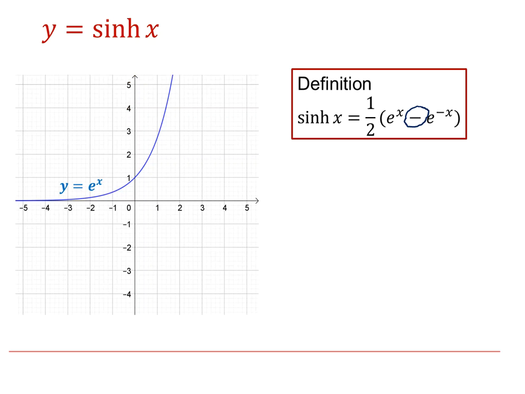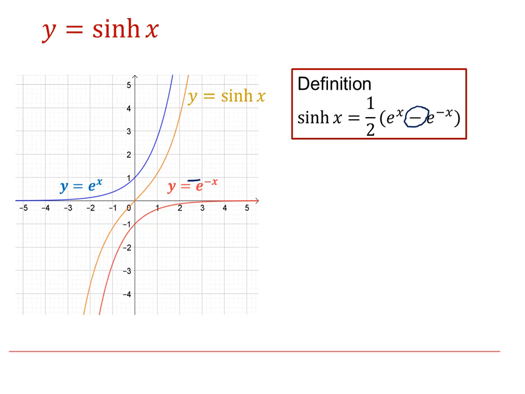Again, building the graphs, we look at y equals e to the x and y equals minus e to the minus x. Then we can see that the graph of y equals sinh x would lie midway between. It passes through the origin, which is a non-stationary point of inflection.